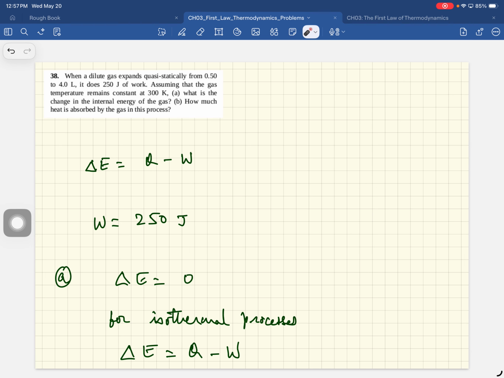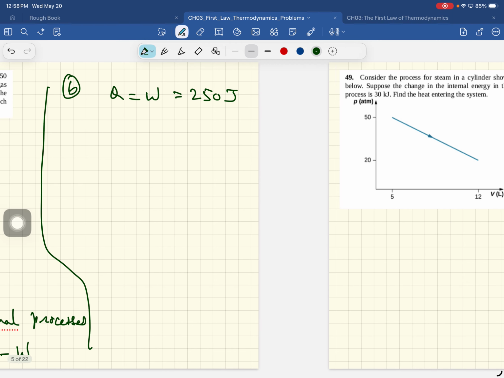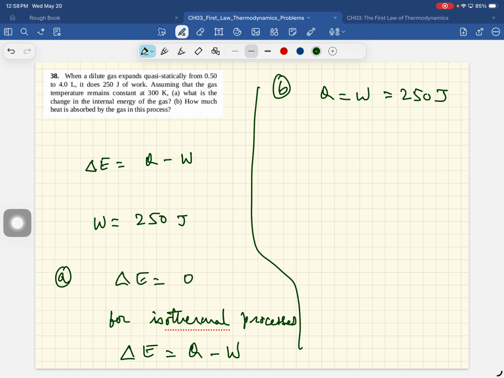The internal energy at this point doesn't depend on how you got there. It just depends on the state of the system. So the change in internal energy from here to there doesn't matter how you got there, it is a fixed amount. So this problem will illustrate that. We'll calculate the change in internal energy going along this path, going along this path, and they'll come out to be the same.